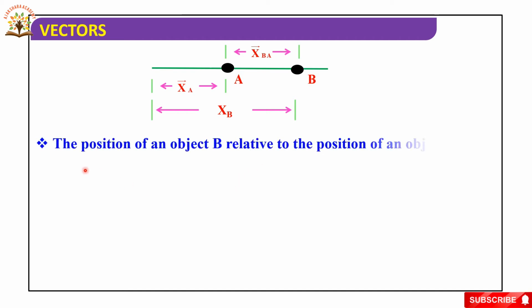So the position of object B relative to the position of object A is x B A bar equals x B bar minus x A bar.